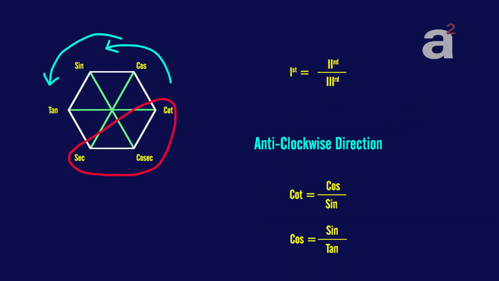Interestingly, if you go the other way around, that is anti-clockwise, also we will be getting the same relation. For example, tan, sine and cos. So you can say that cos is equal to sine over tan. In the same way, any 3 consecutive ratios will have the same relation.